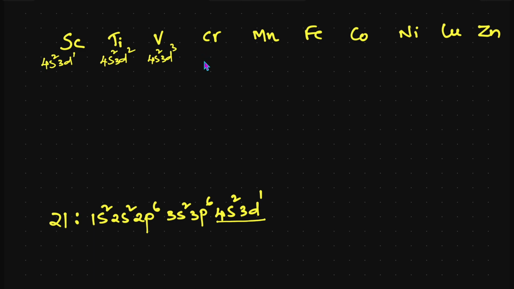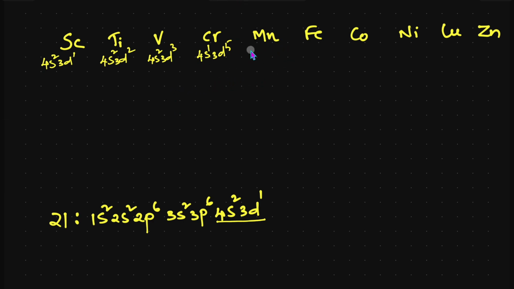Chromium is supposed to be 4s2 3d4, but one electron from here jumps to here. So its electron configuration turns out like 4s1 3d5. This is the violation of the Aufbau principle, to get extra stability by a half-filled orbital.